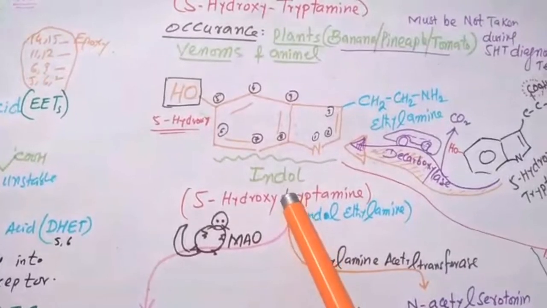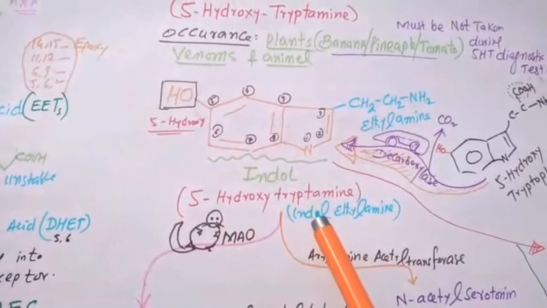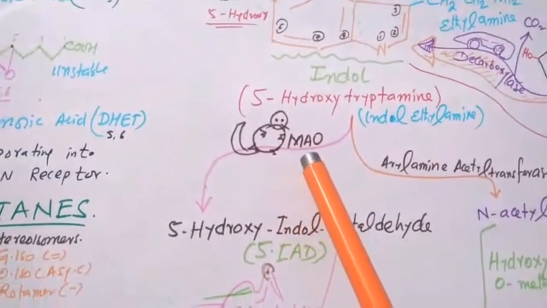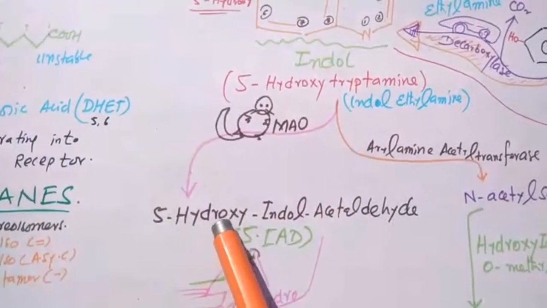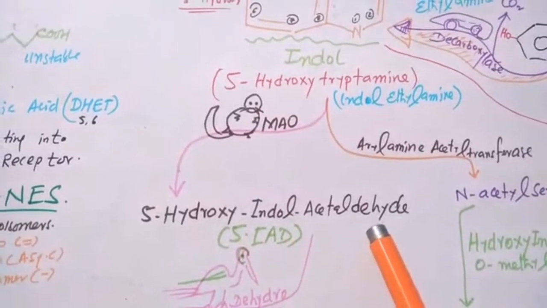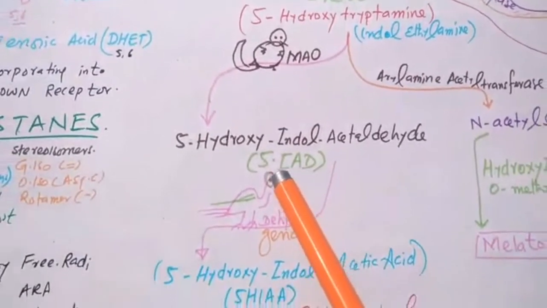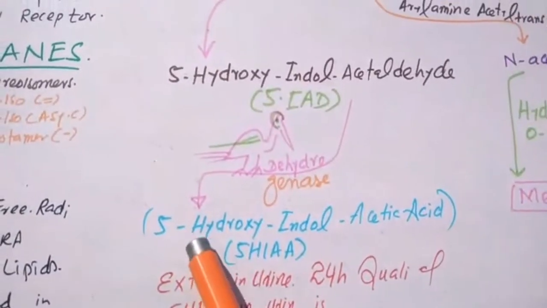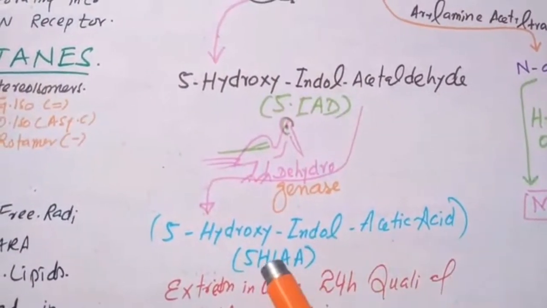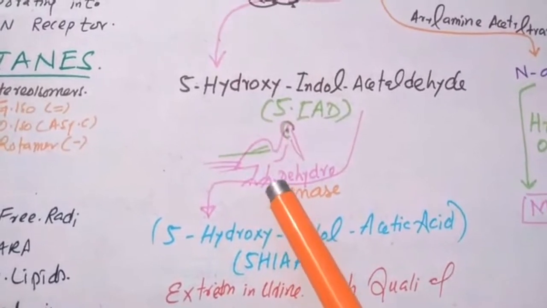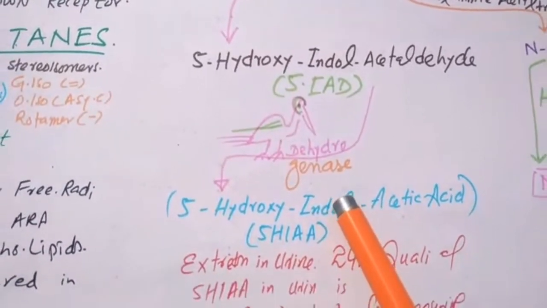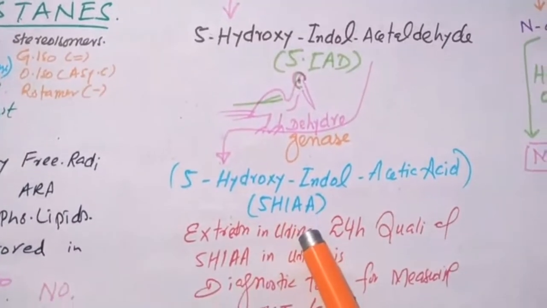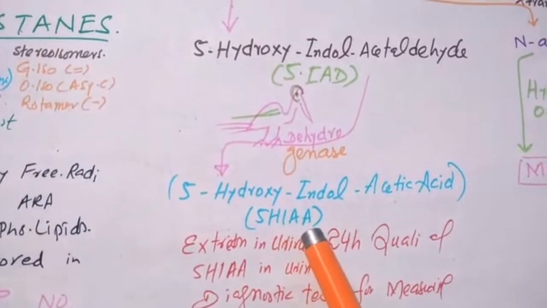This 5-hydroxytryptamine is metabolized through the monoamine oxidase enzyme into 5-hydroxyindole acetaldehyde. This 5-hydroxyindole acetaldehyde is then converted into 5-hydroxyindole acetic acid, 5-HIAA, through the dehydrogenase enzyme, and this 5-HIAA is then excreted in the urine.